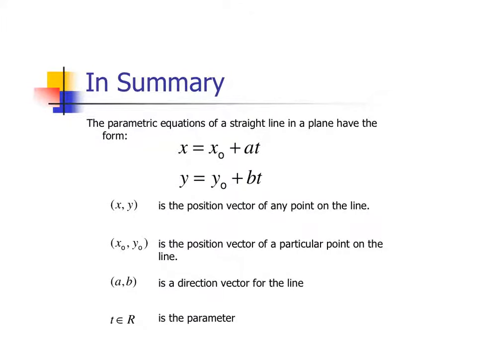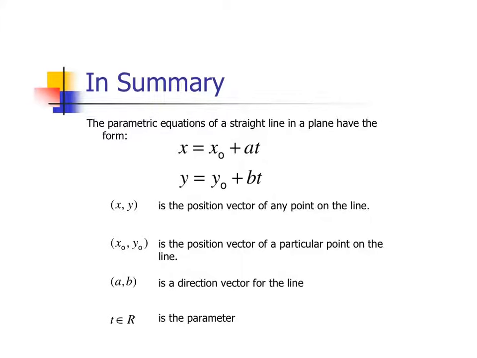So we can now define what we call the parametric equations of a straight line and a plane. As you noticed from the previous slide, XY was any point on the line, right? So what we're saying here is you get any point on the line by starting at your initial X value, going A, remember A was the X component of the direction vector, T, which is however many times.